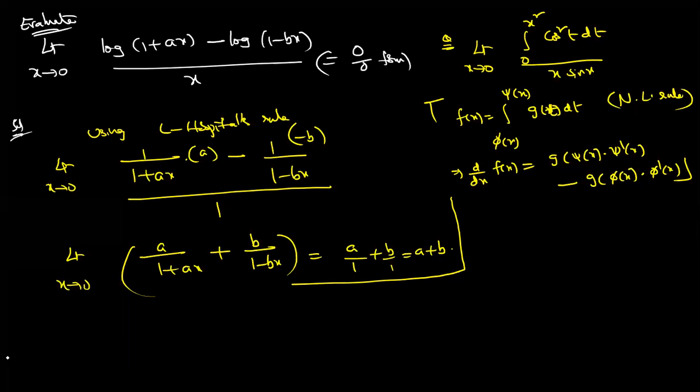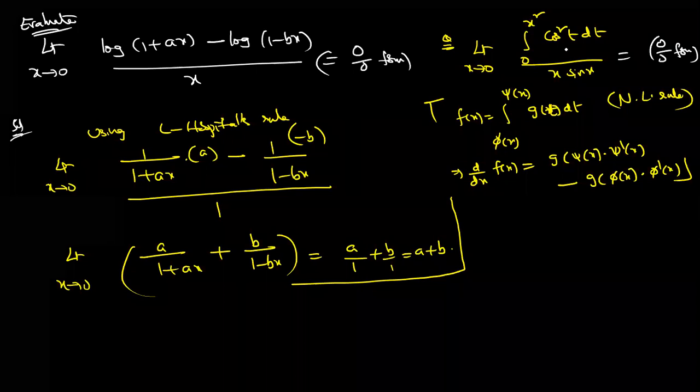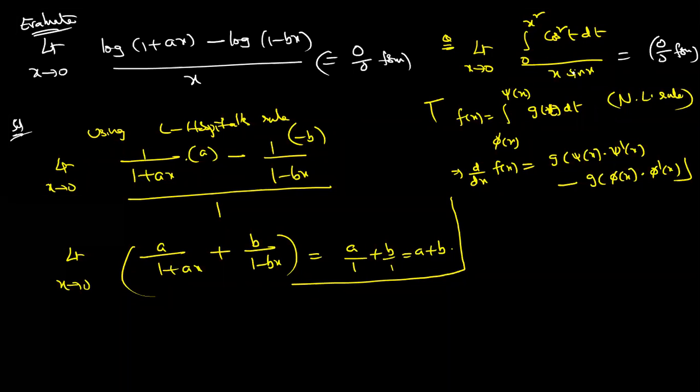Get ready. Why am I applying Newton's Leibniz rule? Because this one is also getting 0 by 0 form. Check it. At x is equal to 0, lower limit and upper limit are both 0, and the denominator is also 0. So apply L'Hospital's rule here. Derivative means L'Hospital's rule.